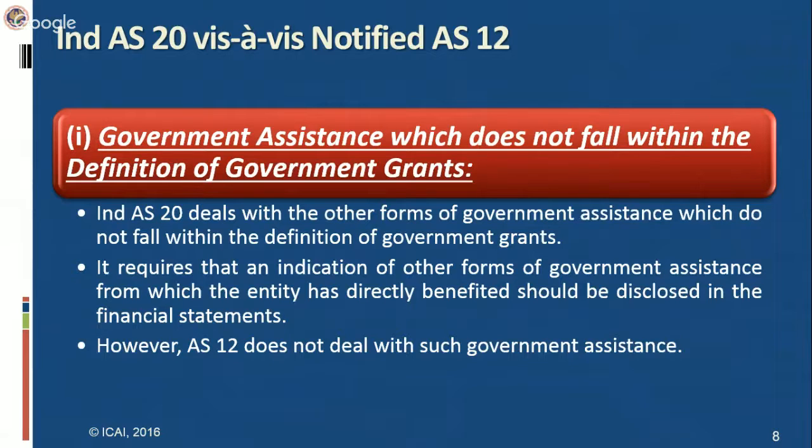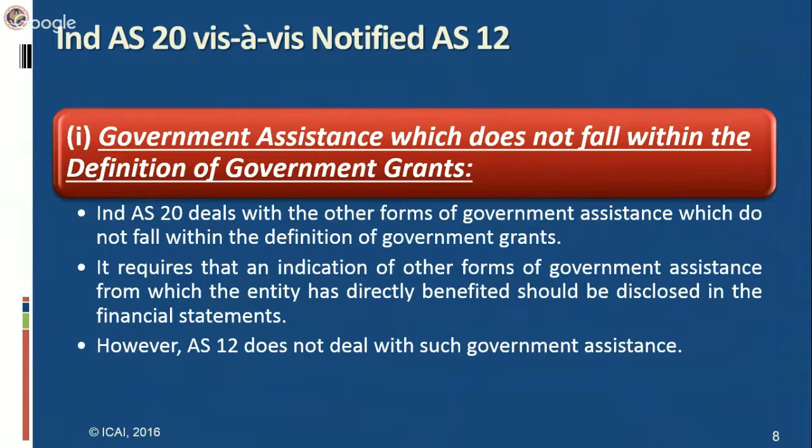For example, free technical or marketing advice given by government, or provisions of guarantees. You have taken a loan, and for that loan, government has become a guarantor. So that guarantee which is given is an action taken by the government, not in the form of any amount of money, but by their action they are supporting you. So this is also a government assistance.